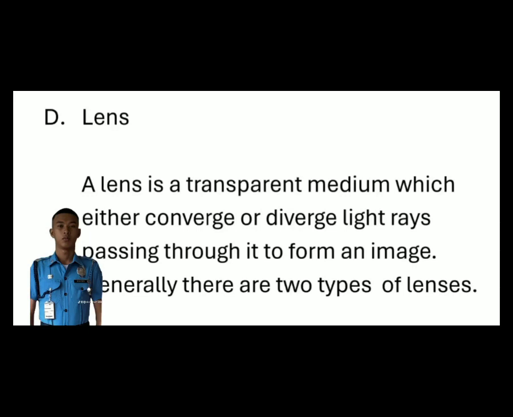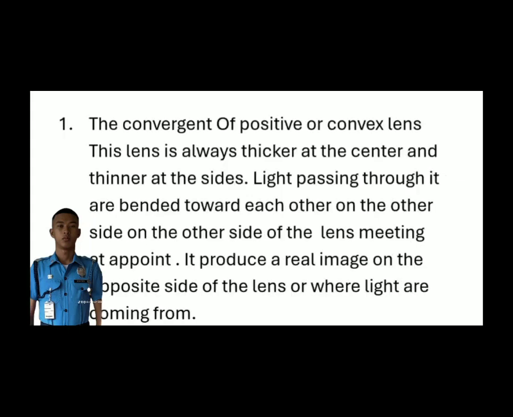So a lens is a transparent medium which either converges or diverges light rays passing through it to form an image. Generally, there are two types of lenses. The first one is the convergent, positive, or convex lens.